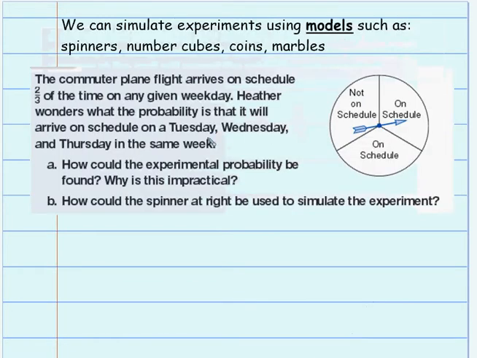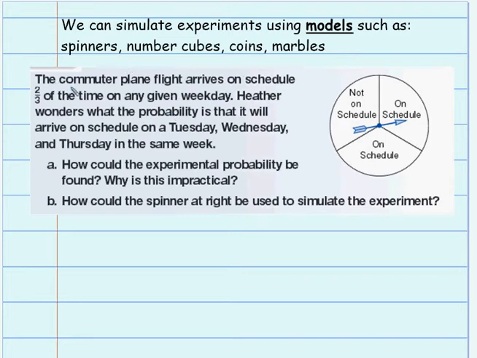Okay, now here's a situation where we use models. So we can simulate experiments using models such as spinners, number cubes, coins and marbles. Not every experiment makes sense to do, so we have to use simulations. And here's an example of one that wouldn't be so successful.